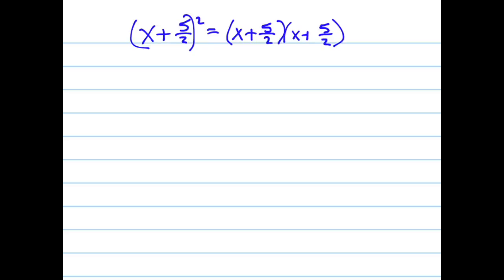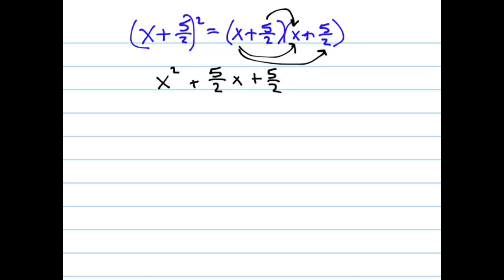So if I were to FOIL that out, I would be doing x times x, which is x squared. Right? X times 5 over 2, which is 5 over 2 x. 5 over 2 times x, which is 5 over 2 x. And 5 over 2 times 5 over 2, which is 5 over 2 squared. Right?